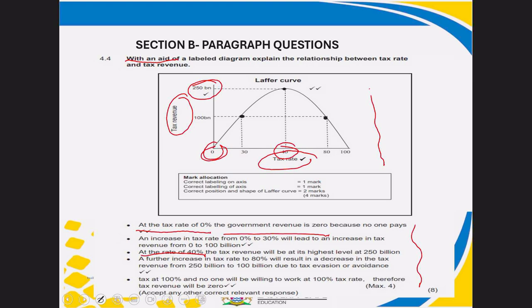So when you are going down at 100%, that is the 100%. Again, there is no tax that is collected because no one wants to work for tax, so no one will be willing to work. So whatever you explain in your graph, it should match your explanation. Otherwise, you lose marks on your explanation.